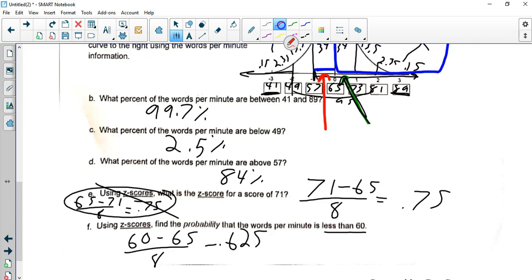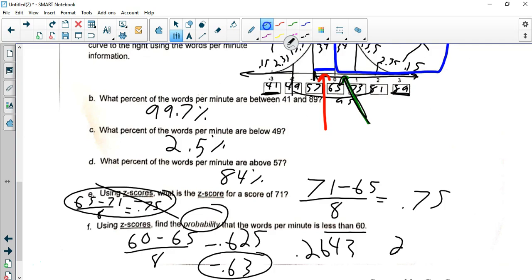Now I look up 0.625, which I can't on my table. I need to round it, and I need to round it correctly. Okay? Remember, round it to the hundredths spot, but round correctly. If you look up 0.62, it's going to give you the wrong area. So that's 0.2643. But since it said the word probability, you want to change this to 26.43%.